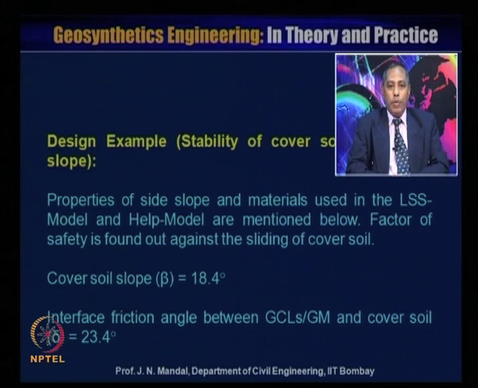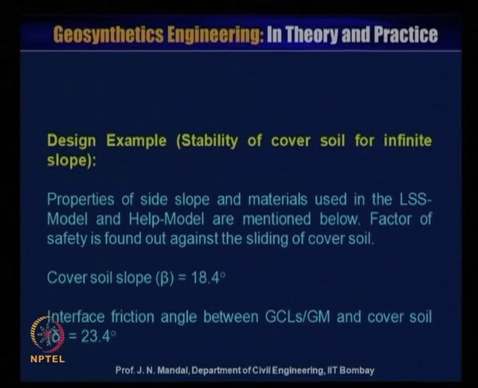Factor of safety is found against sliding of the cover soil, where the cover soil slope angle beta is equal to 18.4 degrees. The interface friction angle between the geosynthetic clay liner or geomembrane and the cover soil, that is delta, is equal to 23.4 degrees.